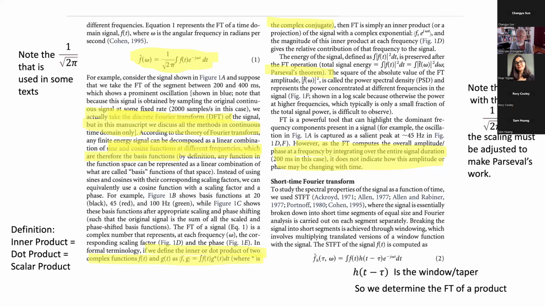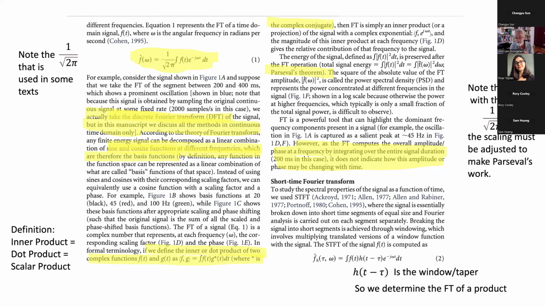Here h is not the unit impulse response, it's the window or the taper. That's basically the same thing. That window or taper shifts over the data, and the data shifted with that window is then transformed. So you get a transform that is a function of frequency, which is always the case, but also a function of the position over the whole time series, the tau in this case.